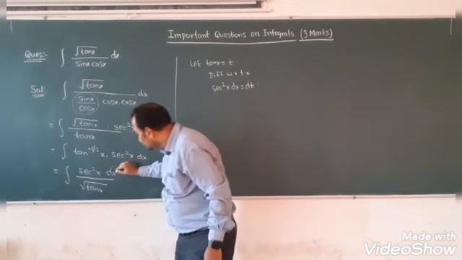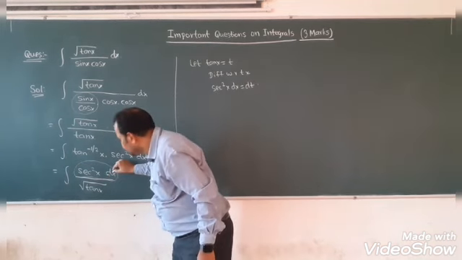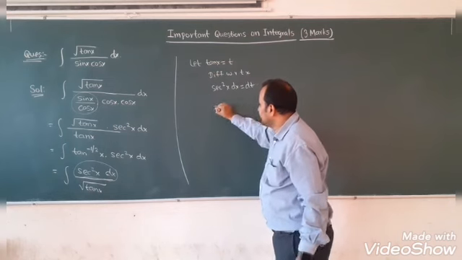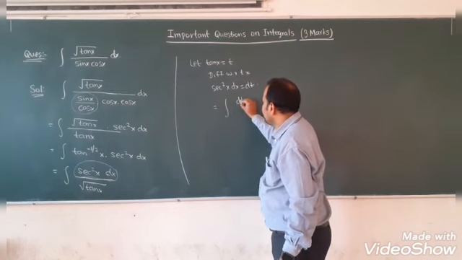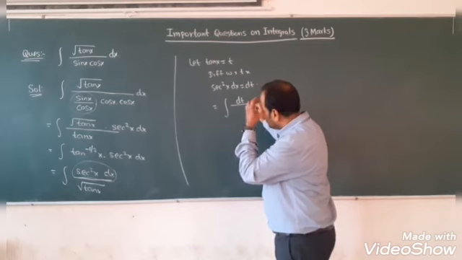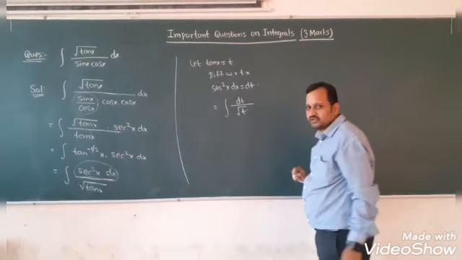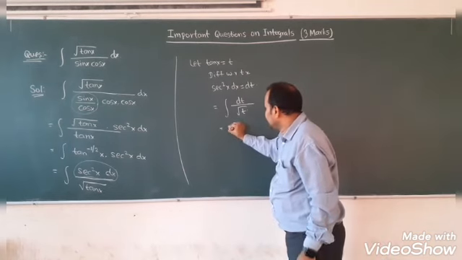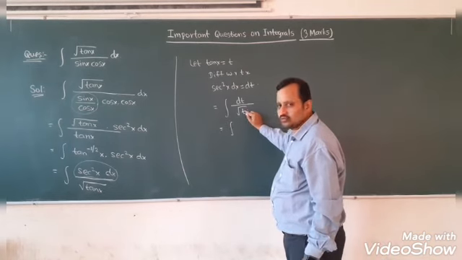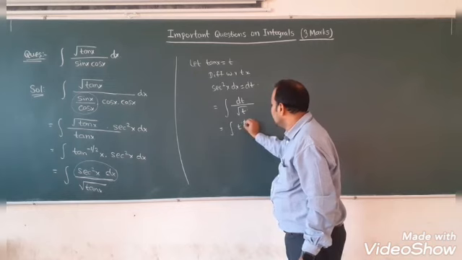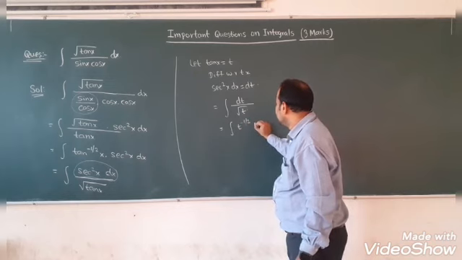So you can see here, this will become dt. So this we can write as dt divided by root t. I hope the steps are clear. Or this we can write as root t will go up, so t power minus 1 by 2 dt.